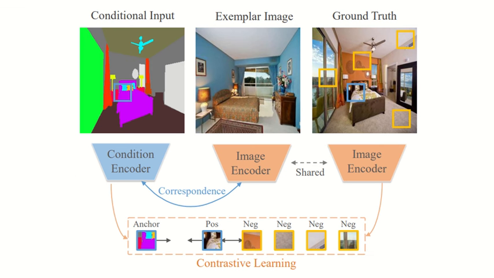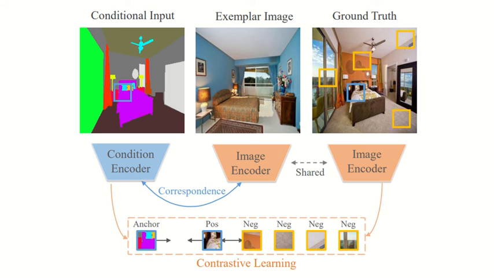In this paper, we propose the marginal contrastive learning network, MCL-Net, for exemplar-based image translation, which introduces contrastive learning to effectively extract domain-invariant features for building cross-domain correspondence. In particular, contrastive learning is applied to the features of the conditional input and its ground truth that are extracted by separate encoders.